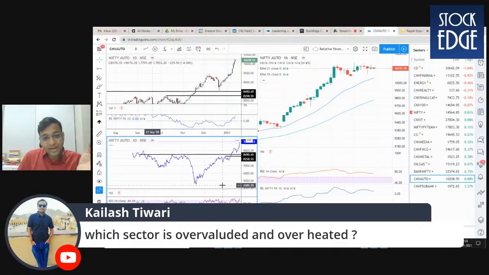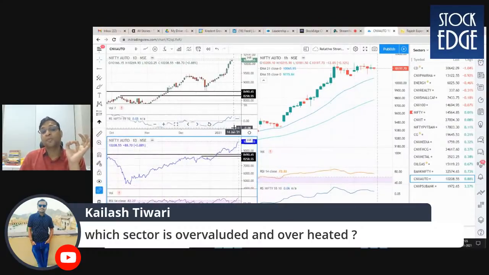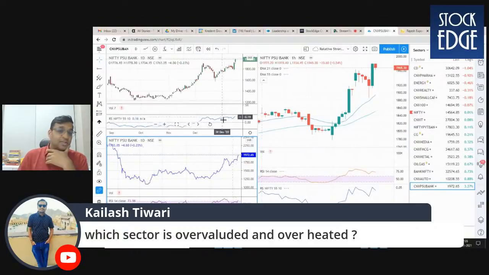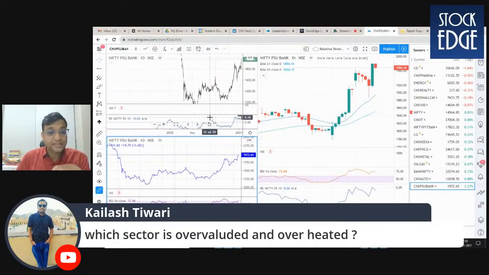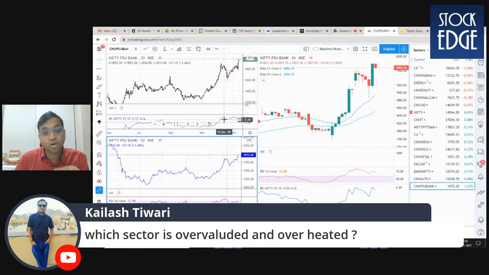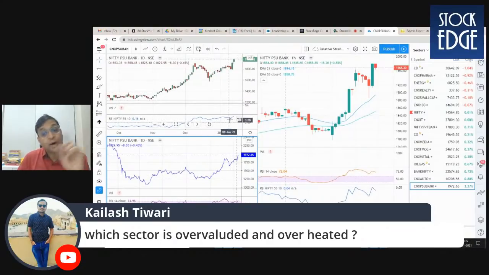If you look at this graph, you will always have the bias that this sector has gone crazy. But if you look at outperformance vis-a-vis the market, then you will not get that bias. So my point is, PSU Bank, yes, this is one sector which is clearly showing that it has gone to a very high level, and there could be some correction there if the market corrects.